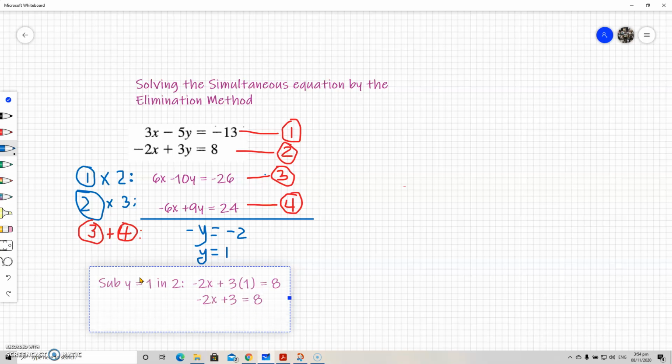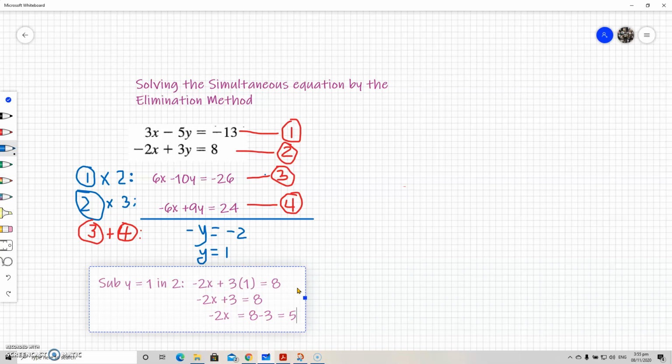Carry across the 3 to the right hand side, so you are changing sign. So minus 2x equals 8 minus 3. This is equal to 5.